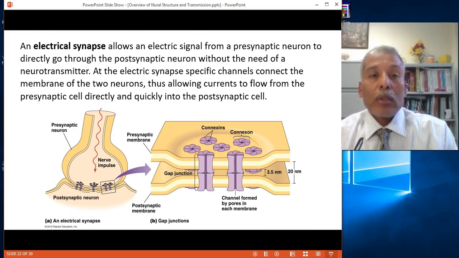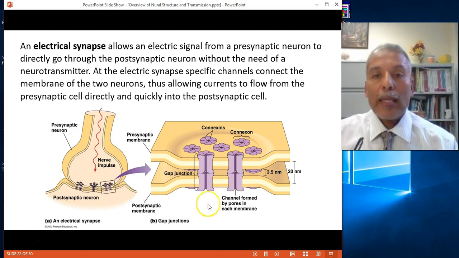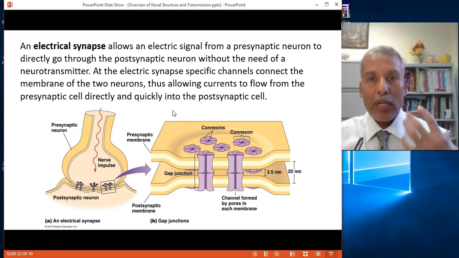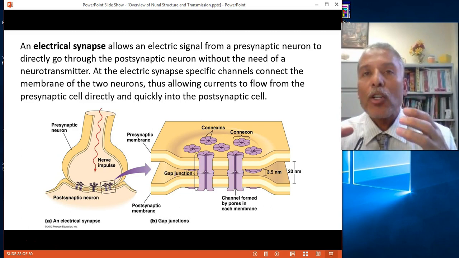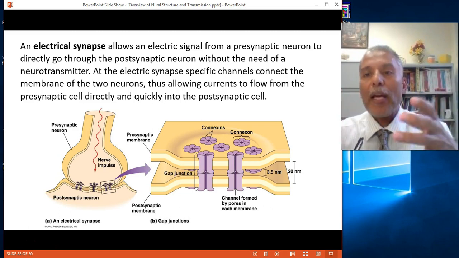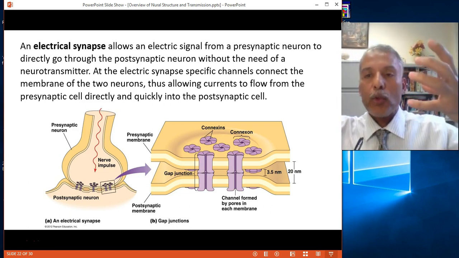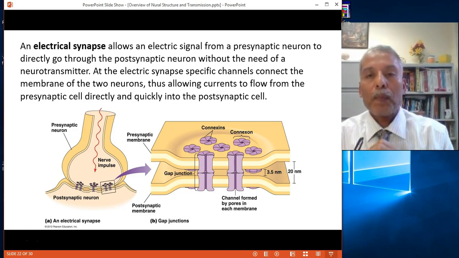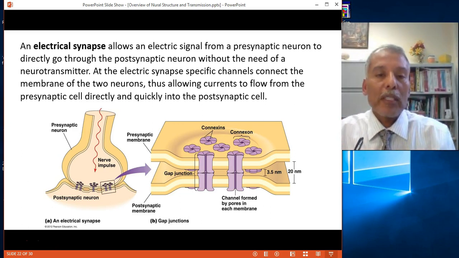So that allows basically powerful actions. It allows people to act very quickly, or animals to act on instinct, really very fast. It allows neurons that function together to do a certain function to synchronize their firing so that all of them just immediately fire together. So again, this is just rare in the human nervous system.